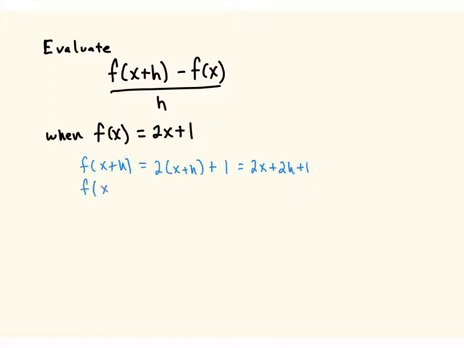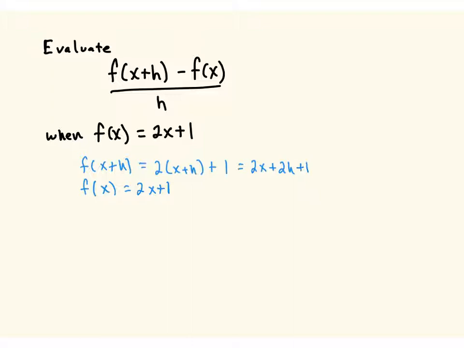Then f of x is simply the function itself. Now the h value is a constant, or some value that is chosen. And so what we want to do then is replace this expression with this result, this expression with the function itself, and then see if we can simplify the fraction.